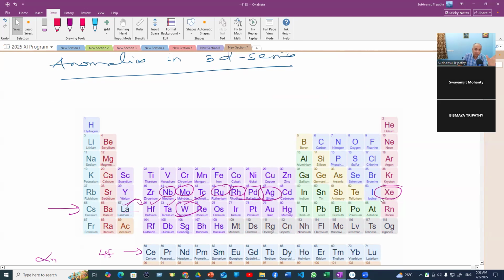The valence shell is not the (n-1)d. 4d is no longer the valence, it is completely filled. When you ionize, you have to remove first from the 5p, then 5s, because p is more energetic than s. But in the transition series, you first took from 5s and then 4d in the 4d series. In the 3d series, first from 4s, then 3d.